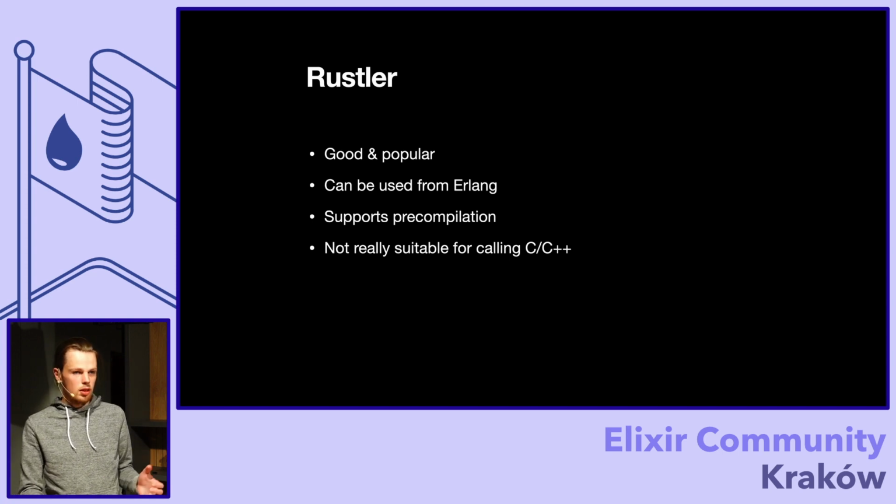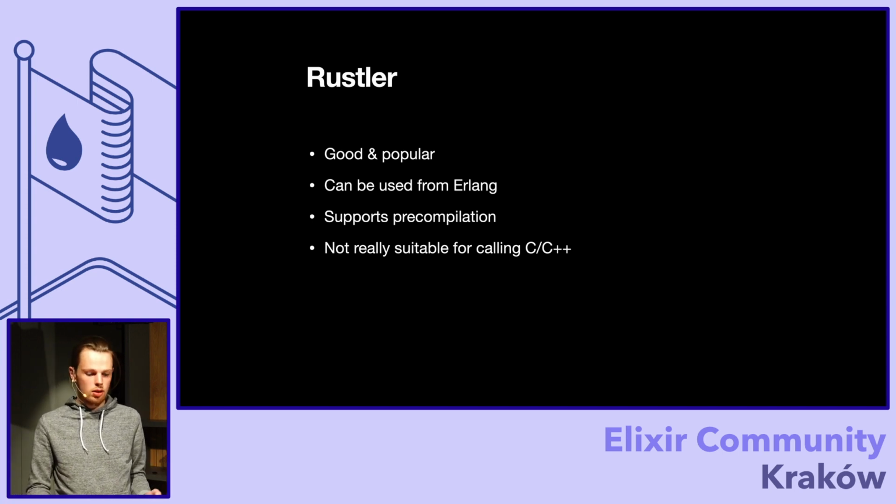However, if we need to call a C library or C++ library, it's not really that convenient, because basically all the Rust benefits, all the guarantees that Rust gives, don't work when calling C or C++ code. While using Rust, we actually have not one bridge between two ecosystems, but two bridges.